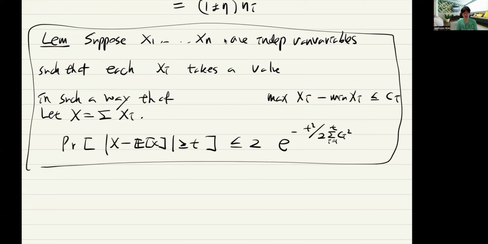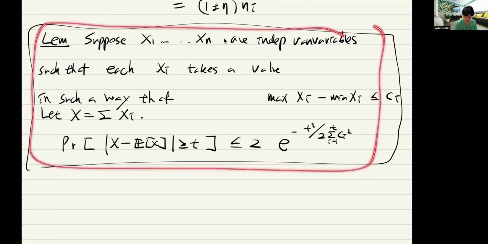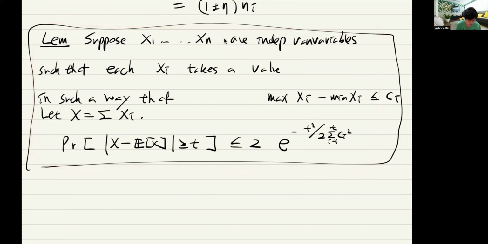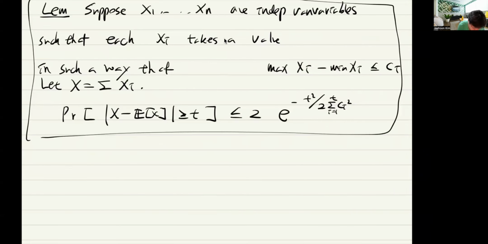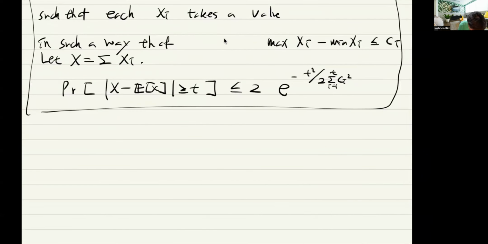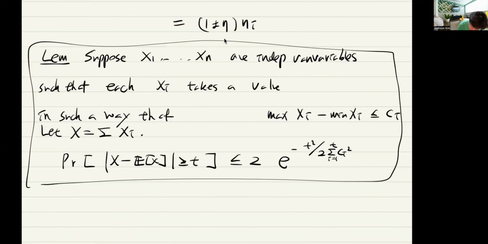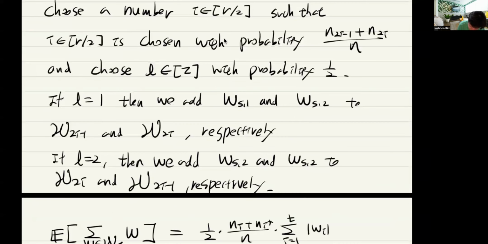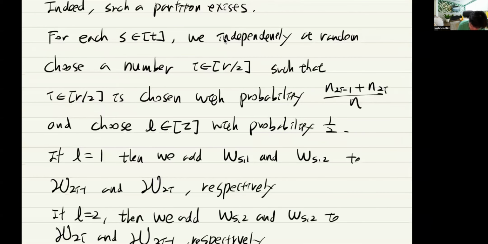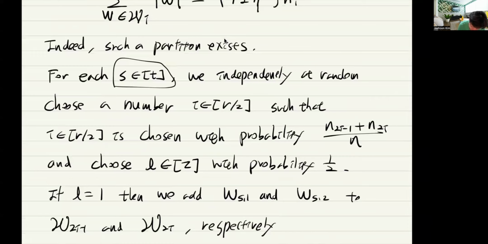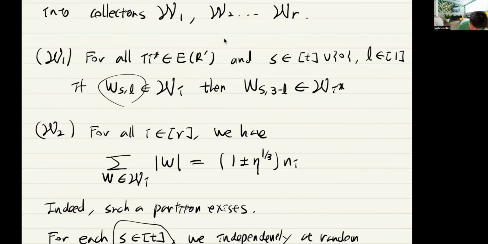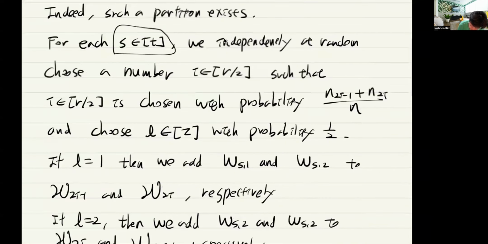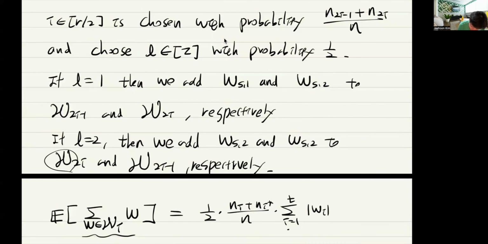And there is something called Azuma's inequality, which works for martingales, and this can be considered a special case of Azuma's inequality. By using that, what do we know? Here, what's this c_i? For each element, we either add these sets to here or not.